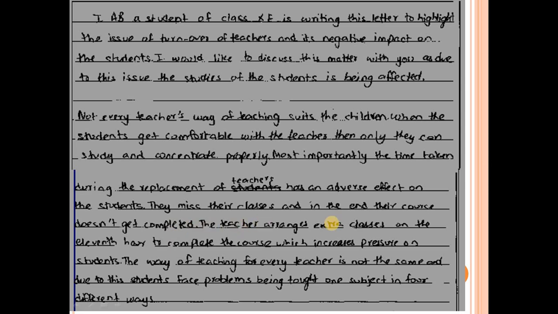Second justification: the teacher arranges extra classes on the 11th to complete the course, which increases pressure on students. Third justification: the way of teaching for every teacher is not the same, and due to this students face problems being taught one subject in 4 different ways. Fourth justification. These 4 ideas, these 4 arguments, these 4 examples, or these 4 reasons are actually part of the supporting ideas.